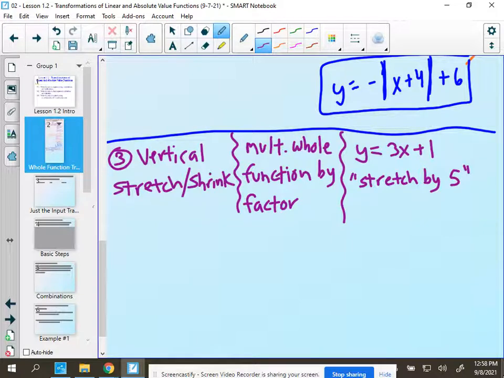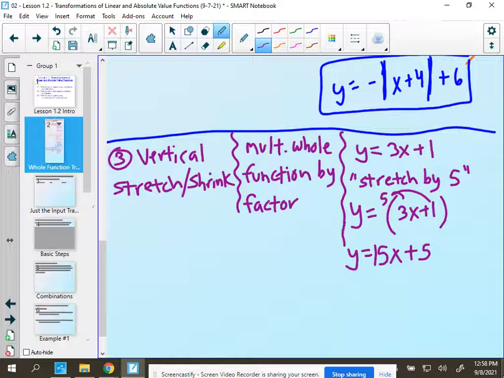It's going to look just like that other linear example. I'm going to take this whole function, 3x plus 1, and multiply, making sure that I distribute by 5. So we'd finish up with y equals 15x plus 5. There we go. Not bad.